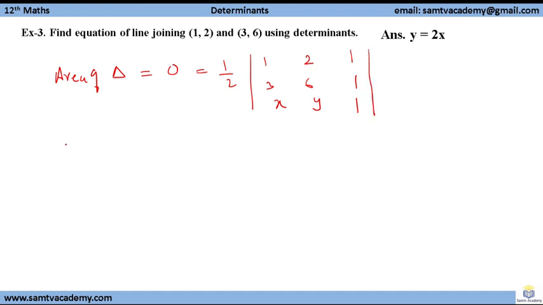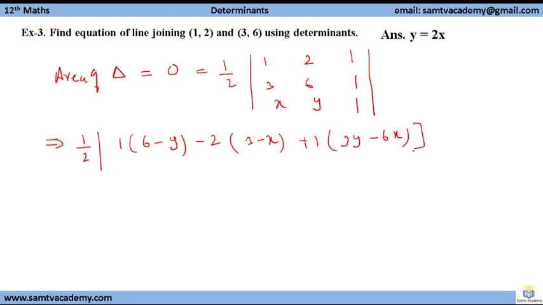Now we will expand this. What you will get: 1/2. So 1 here means (6 minus y). Similarly this 2, this and this will go off, then 3 minus x plus 1, and the last one you will get 3y minus 6x. So this is equal to 0.